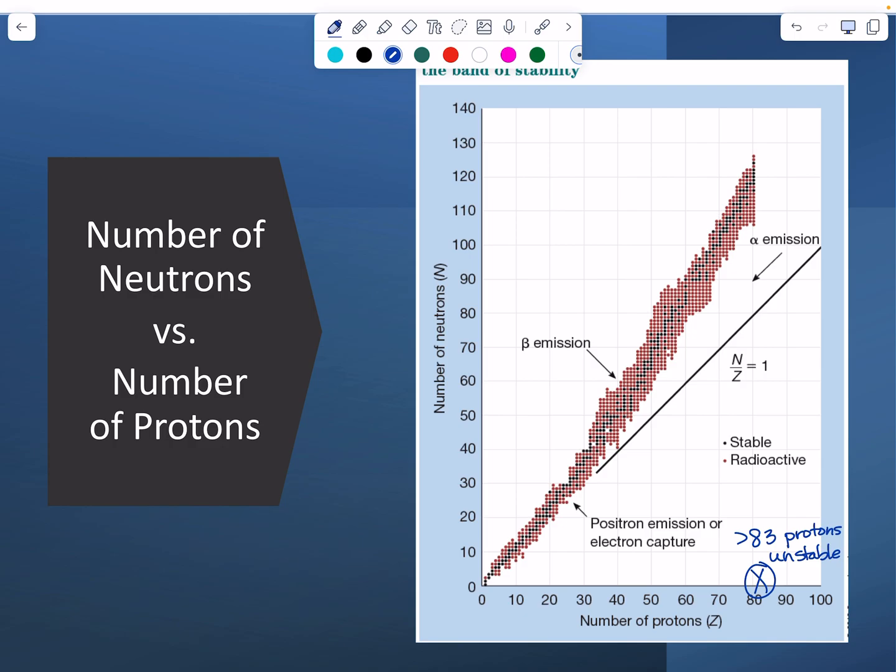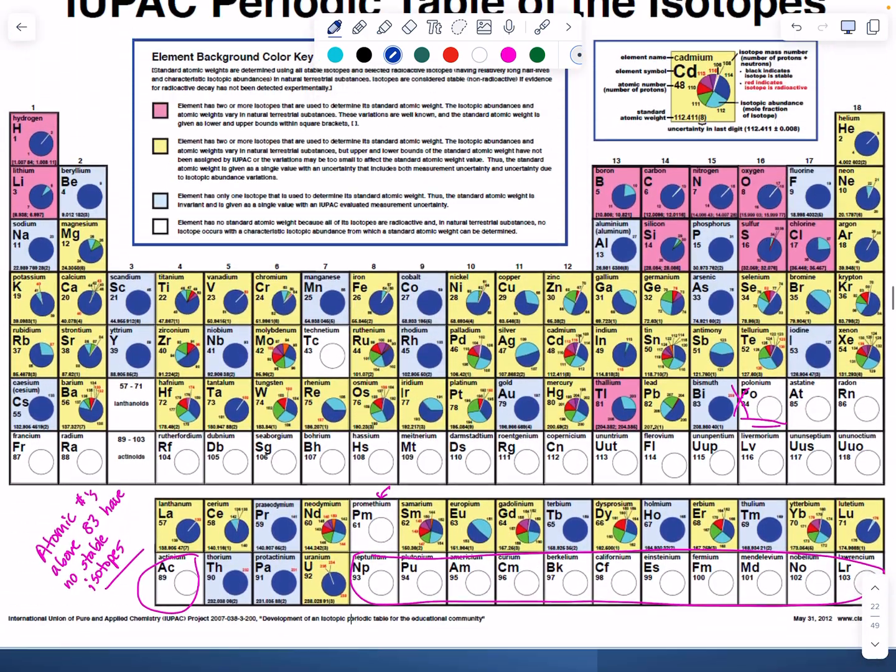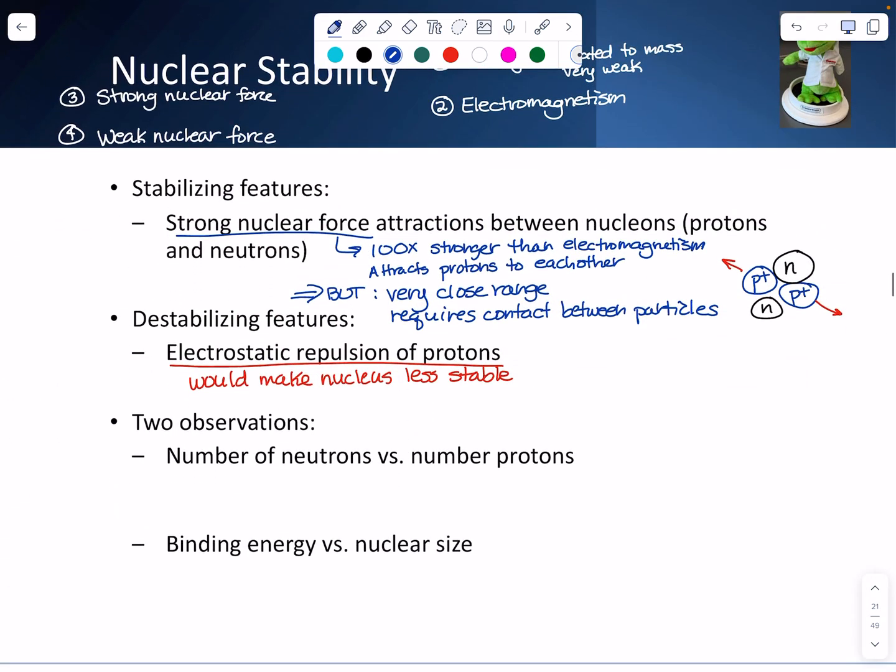So to this point, I haven't said anything about the weak nuclear force. So let's go back. Number of neutrons versus number of protons. Elements with even numbers of protons tend to be more stable than those with odd numbers of protons.